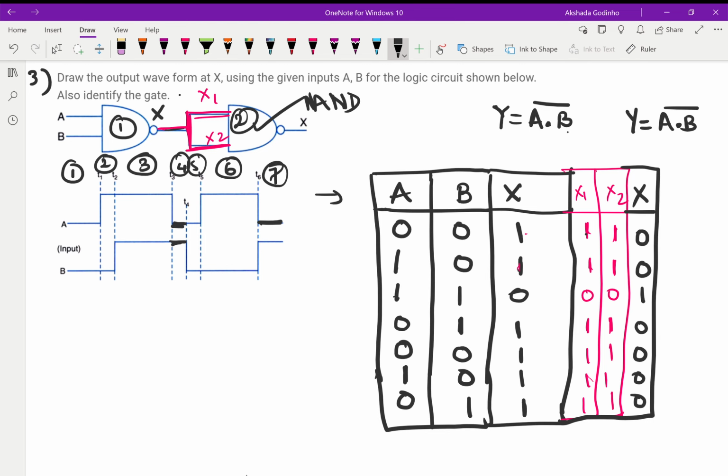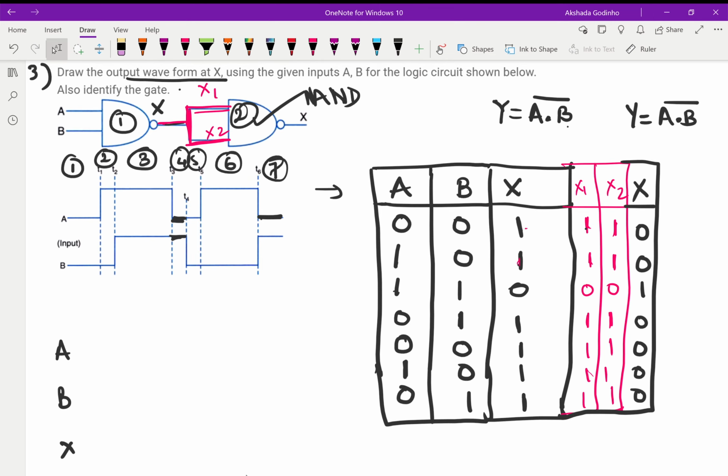Now, our problem is not yet over. We have identified what is happening, but our final answer is we have to draw an output wave at x. So this is going to be given to you in the paper the same. Then you are going to redraw the inputs. You have to show the inputs and the output together. So we will draw the input and the output together. We know that there are 6 sections, so you can just put dotted lines like this.